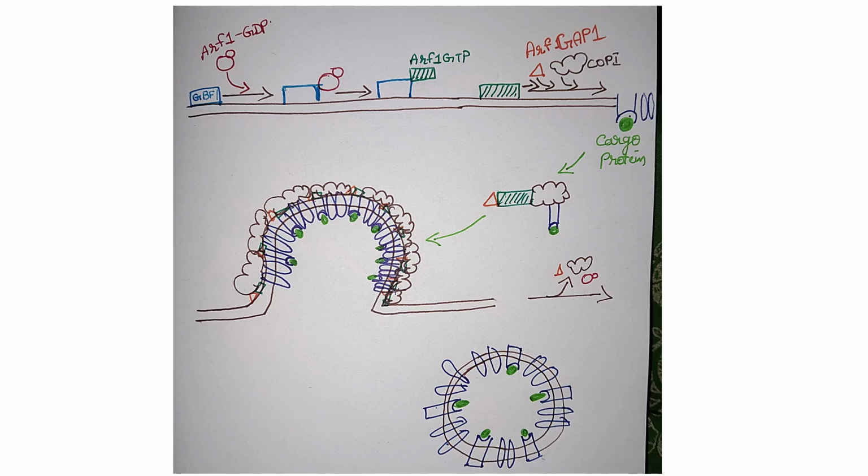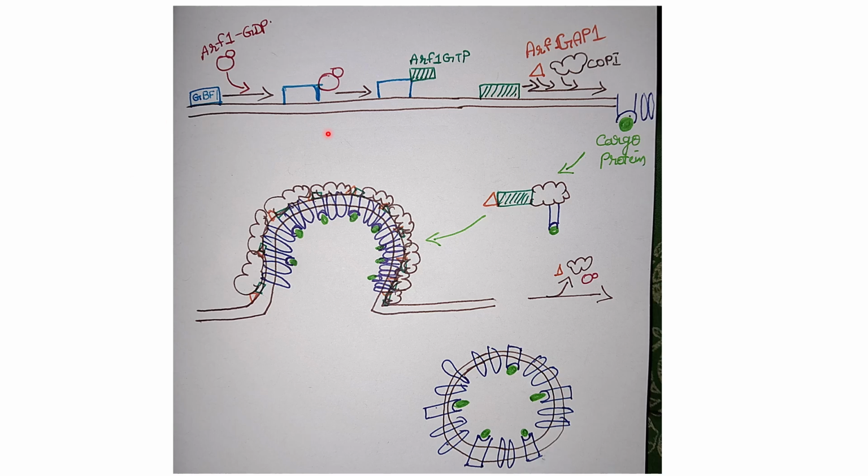So first we will see the mechanism of COP1 transport. First, COP1 vesicle formation. The vesicle has to be formed before the fusion with the target membrane, so these steps take place before fusion.